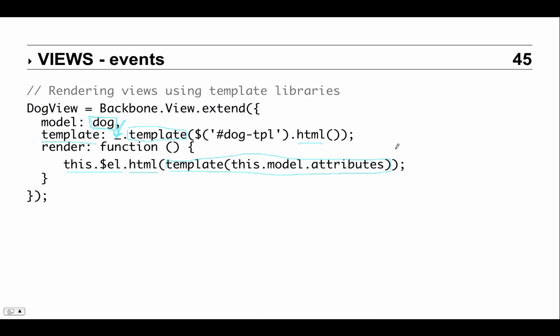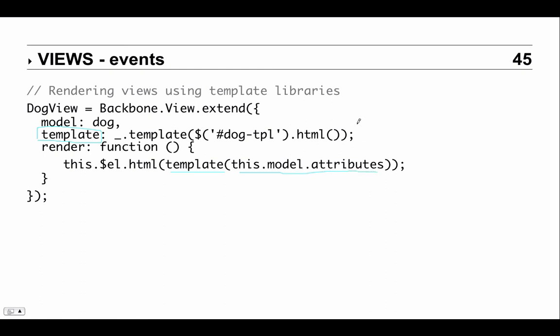Okay, so again, we'll see another example of this coming up, but the important thing here is simply to look at the template property, which stores a template. This is some HTML code that has placeholders where we can dynamically fill in properties of our model. And the way we spit out that template with the correct information from our model's attributes is we call the template method, and in parentheses we pass in the particular model instance's attributes.